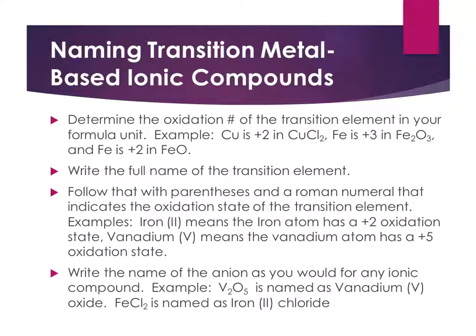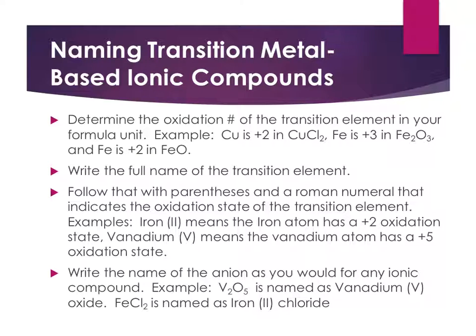Remember, it's very specific to the compound. We showed you two examples of iron oxide. One is Fe2O3, the other one is FeO. Both are iron oxide, but both have different oxidation states of the iron. So we need to tell you which one you're using in the word version of the chemical formula, because otherwise you're not going to know.